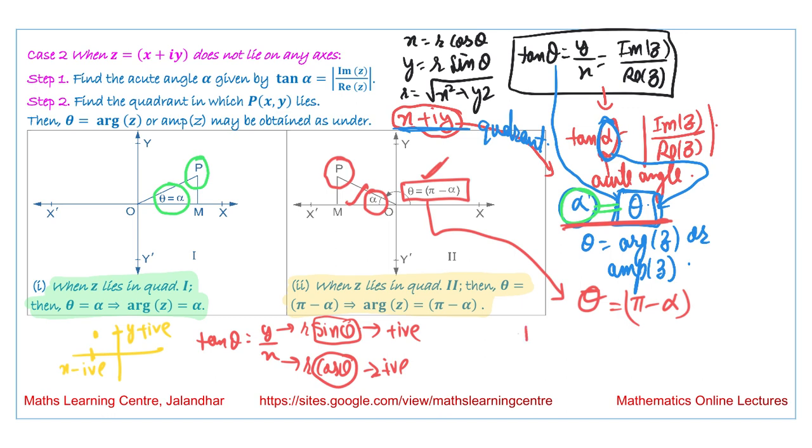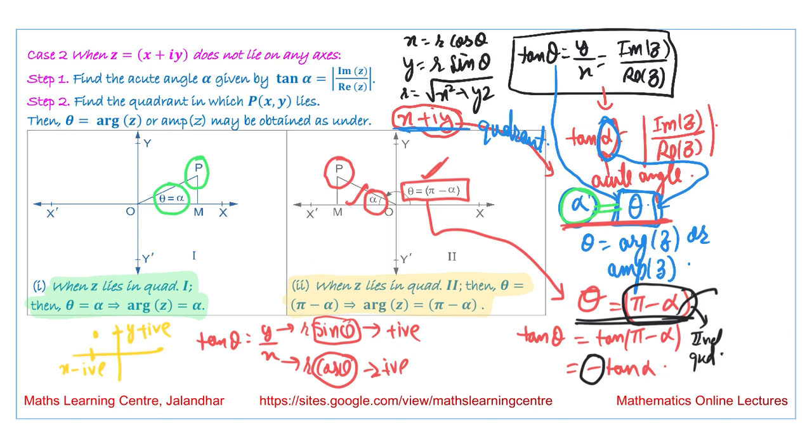Why? Because tan of theta will be equal to tan of pi minus alpha, and tan of pi minus alpha means it is minus tan alpha, and this angle pi minus alpha lies in the second quadrant, and this is what is required. We require the negative sign over here, and we require this angle to be in the second quadrant.